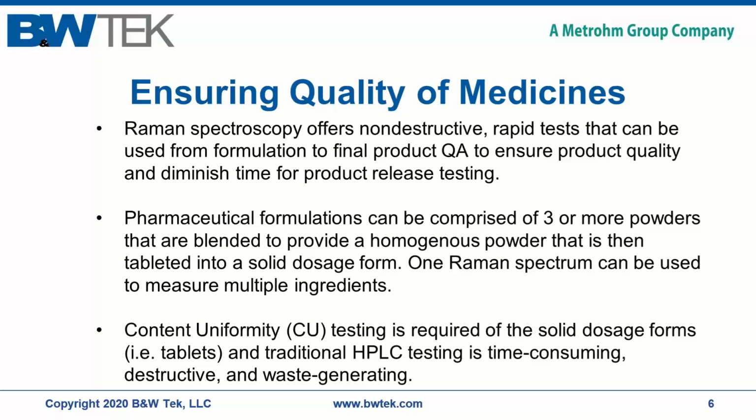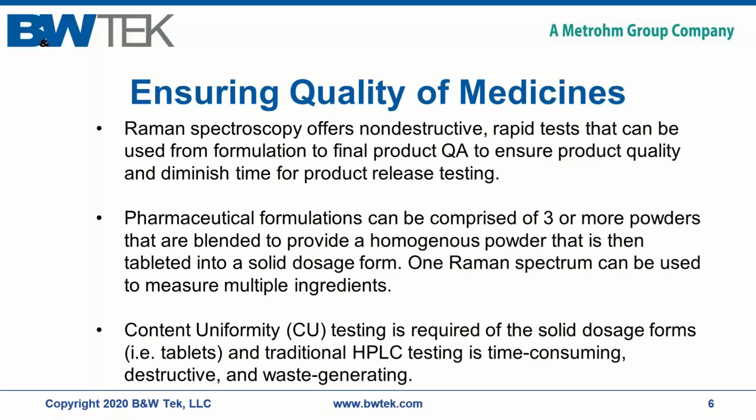As many of you are aware, pharmaceutical formulations are comprised of different components, and with one Raman spectrum, we can get the information to measure the multiple ingredients from that one measurement, which may take just a matter of seconds. Of course, content uniformity is very important because it is required testing for solid dosage forms.